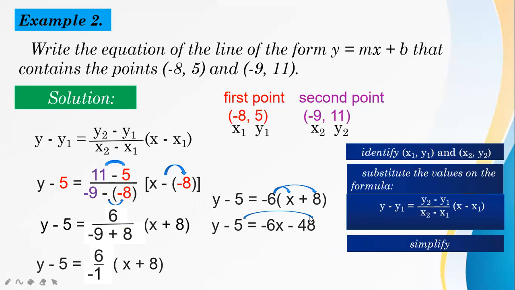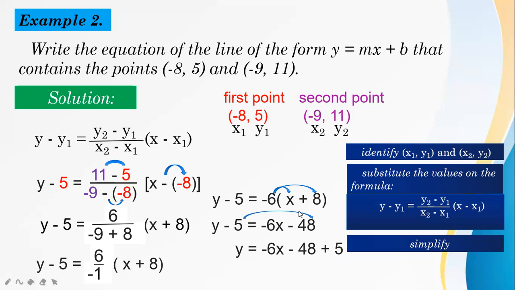Then transpose negative 5 because we are looking for the linear equation, or the equation of the line, in the form of y equals mx plus b. So you transpose negative 5 and you isolate y on the left side. So y equals negative 6x minus 48. Then we have positive 5.